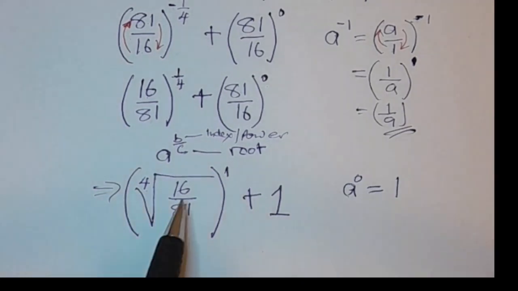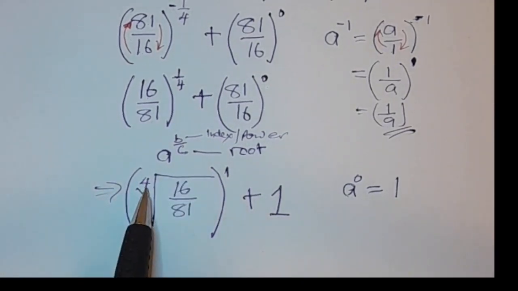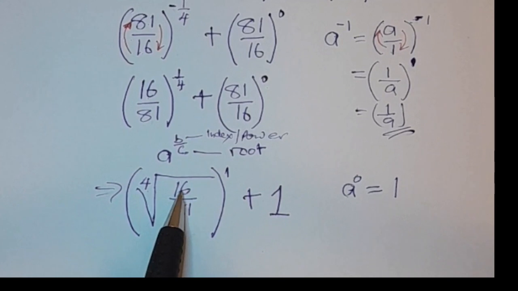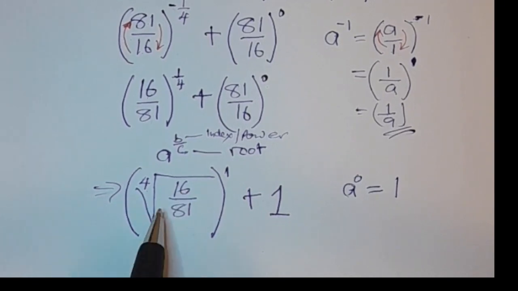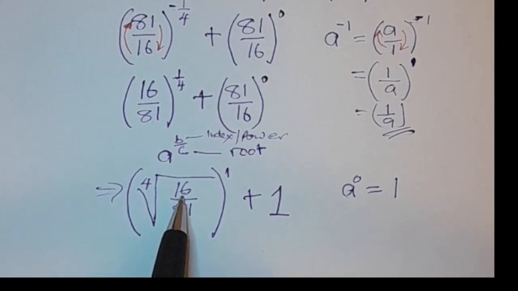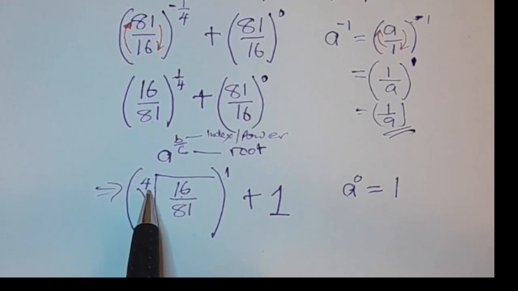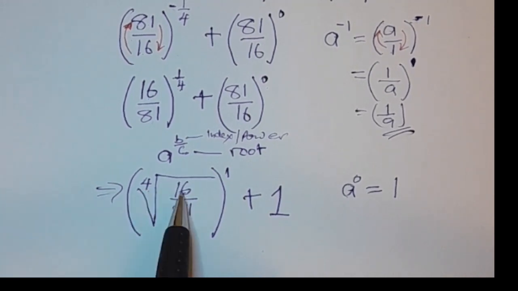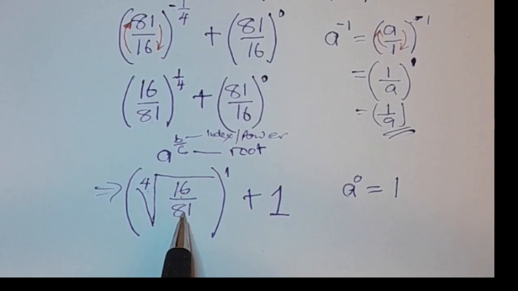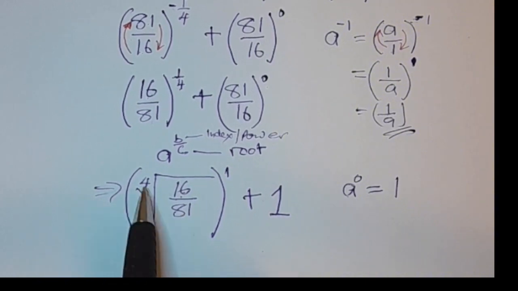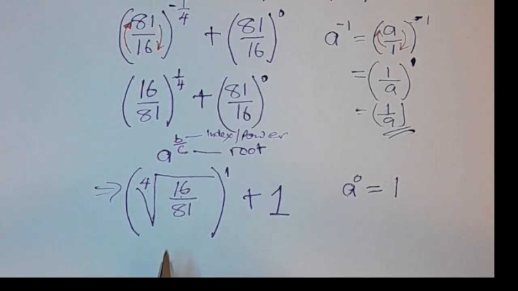Now, what do they mean when they say find the fourth root of 16? You need to look for a factor of 16 such that if that factor multiplies itself 4 times, you get back your 16. Same for 81, you need to find the factor of 81 such that if it multiplies itself 4 times, you get back your 81.